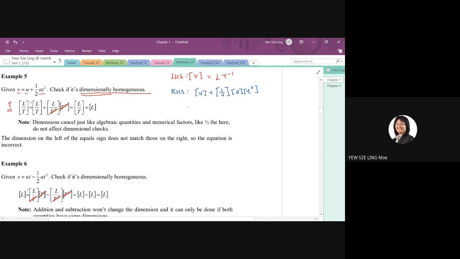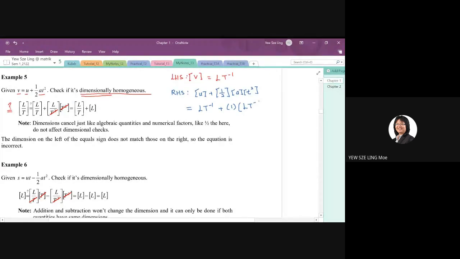So right-hand side now, the dimension for U is also velocity, therefore LT negative 1. And then plus, this half is equal to 1, and then A, what do we have as A? LT negative 2, and then T squared is a T squared here.